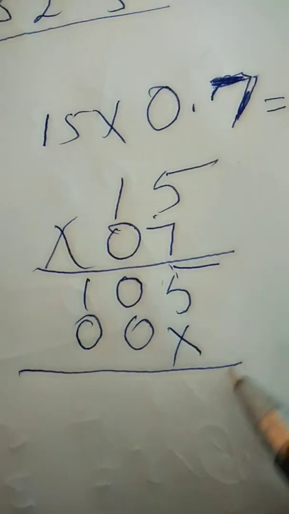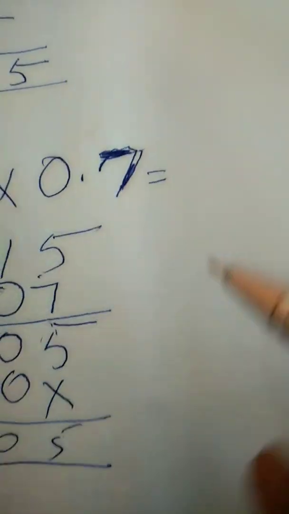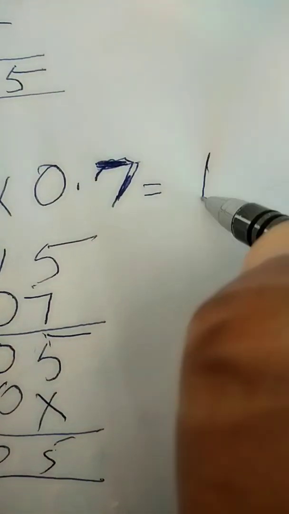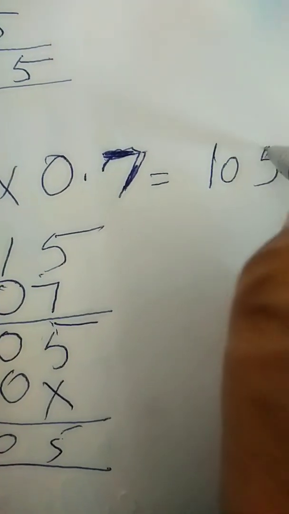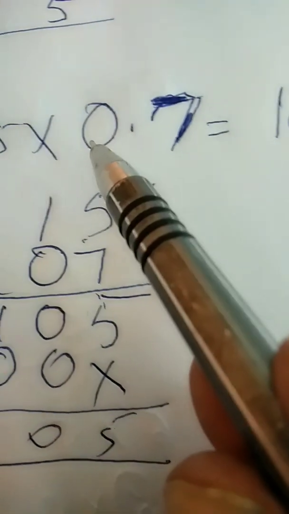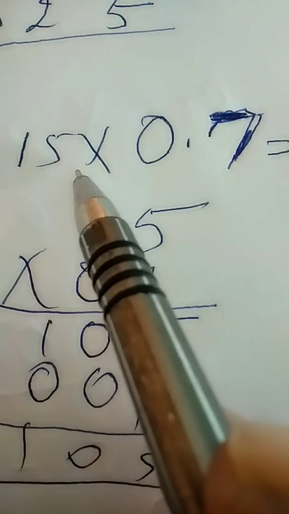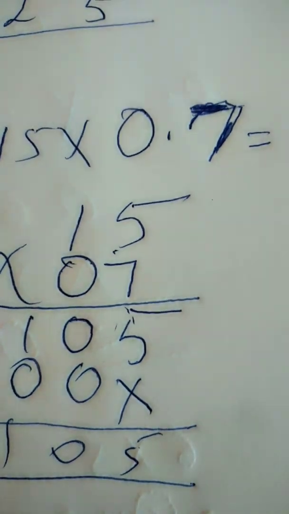Okay, now your answer means 105. So 105, right? This is the answer when we ignore the decimal. Now use the decimal. Why? Because a decimal is there in the multiplicand and multiplier, right?